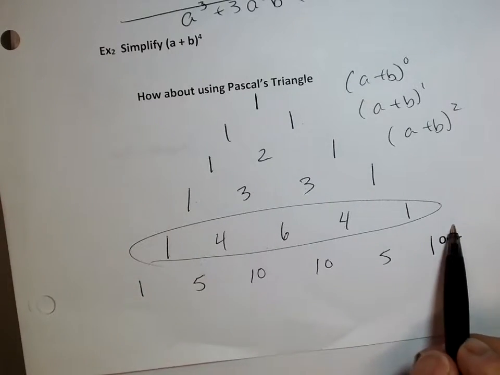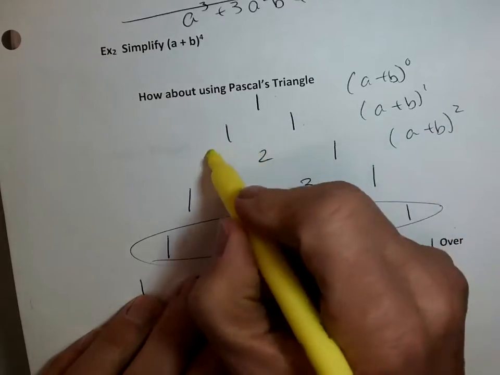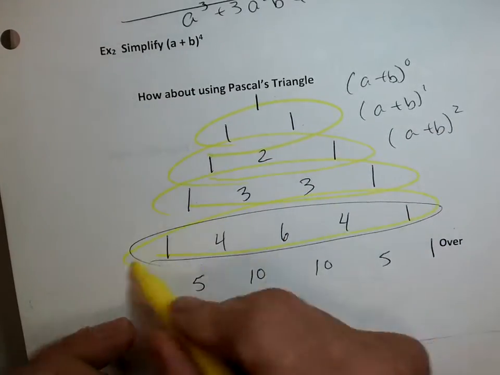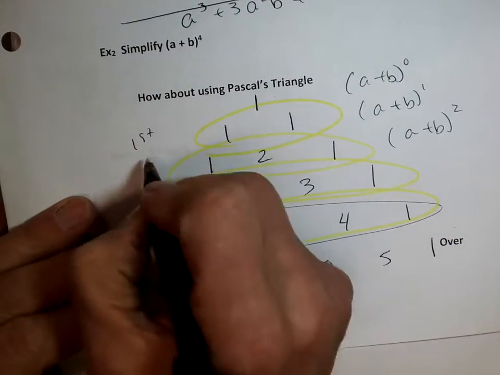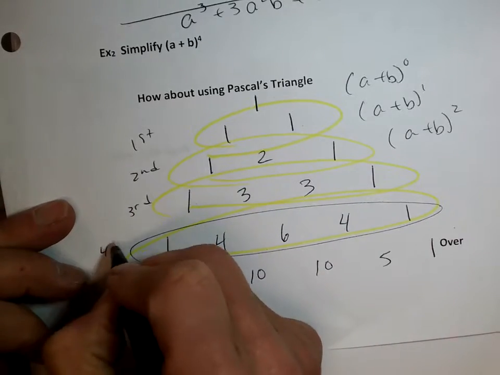So we're going to use the 4th row. So this is my first row, 2nd row, 3rd row, 4th row. Okay?